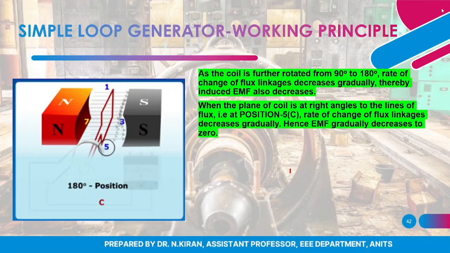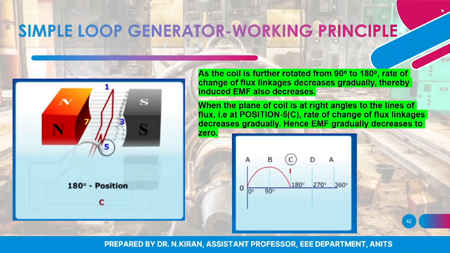So the rate of change of flux linkages will gradually decrease from the previous position. So therefore EMF also will gradually decrease, and in this position it will become 0. So at position C, my EMF will be 0.